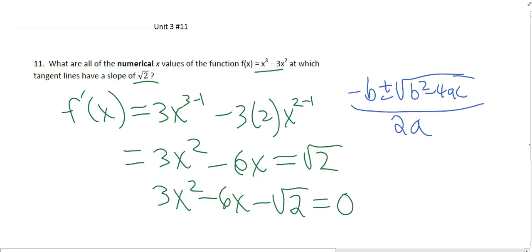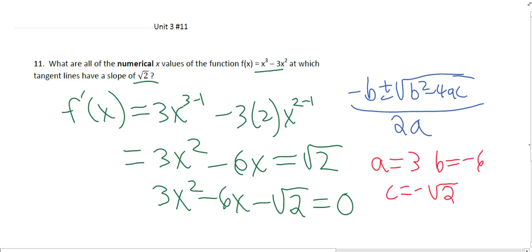In this case, a would equal 3, b is equal to negative 6, and c would equal the negative square root of 2, right? Well, that's kind of cumbersome to put all into the calculator.